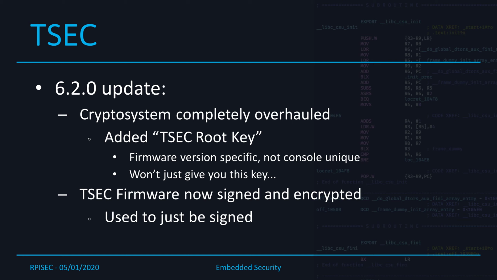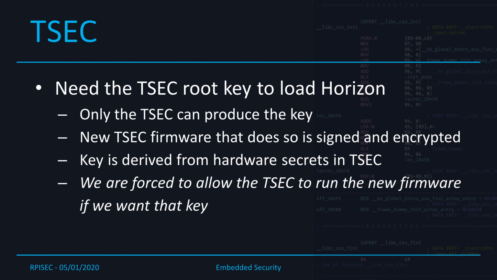And the TSEC firmware is now signed and encrypted as opposed to just being signed, because that's an option it has as a security coprocessor. So it can store these keys without you actually seeing them. And you need this TSEC root key to boot versions of the OS Horizon above 7.0, or 6.2.0 and greater.